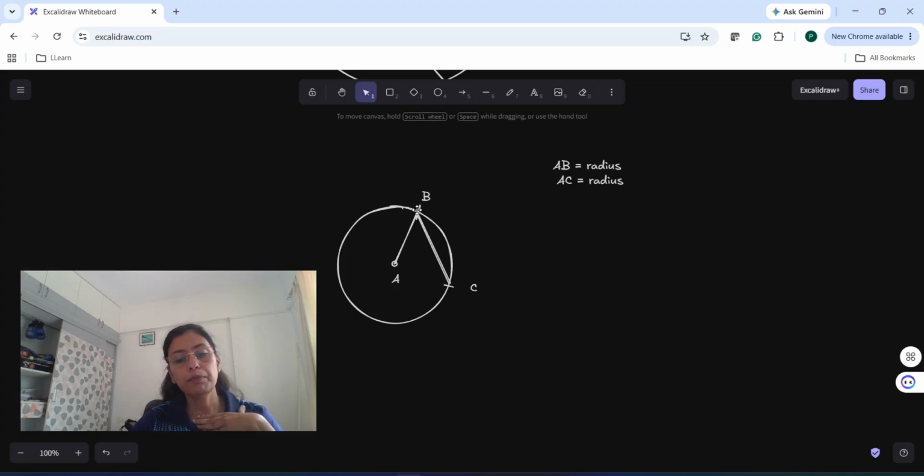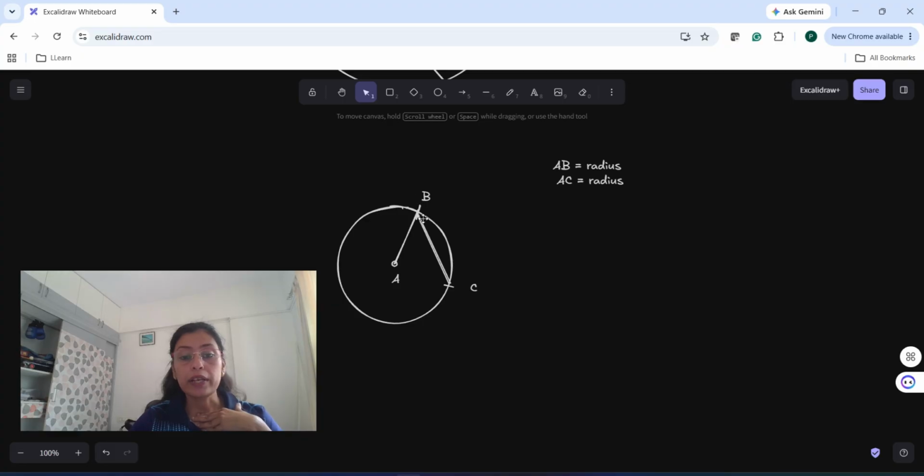I joined B to C. Now, these 2 points are not the center of the circle. B is not the center of the circle. C is not the center of the circle. B is a point on the circle. C is a point on the circle.